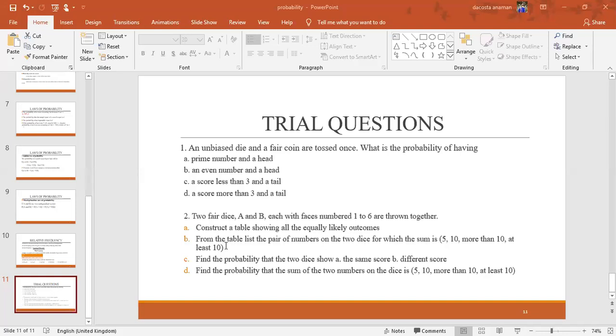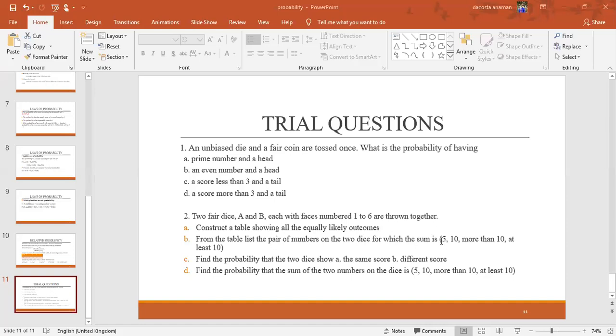A, construct a table showing all the equally likely outcomes that can occur in this event. B, from the table, list the pair of numbers on the 2 dice for which the sum is 5, 10, more than 10, at least 10.